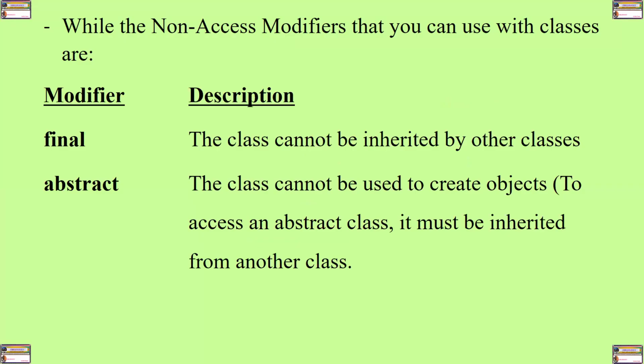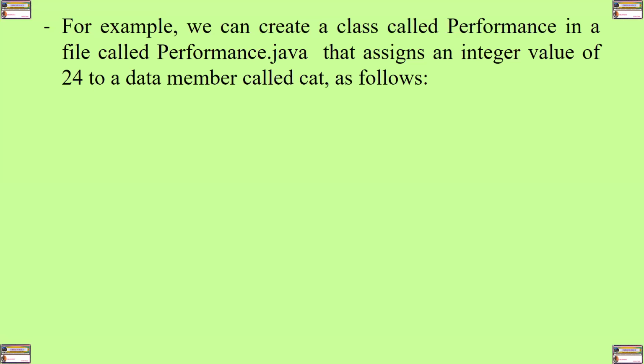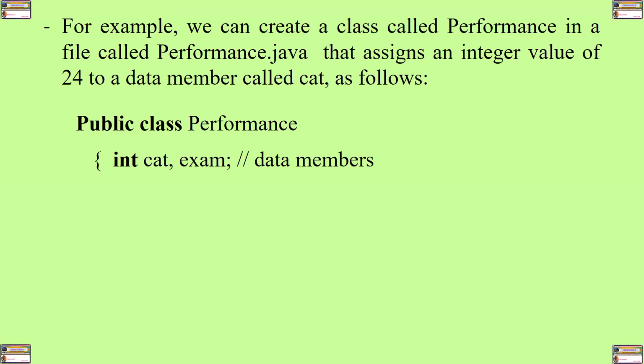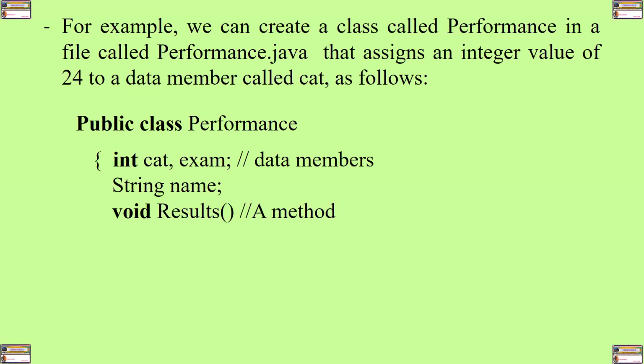To access an abstract class, it must be inherited from another class. For example, we can create a class called performance in a file called performance.java that assigns an integer value of 24 to a data member called cat as follows. Public class performance. And then we have members cat and exam of type integer, name of type string.